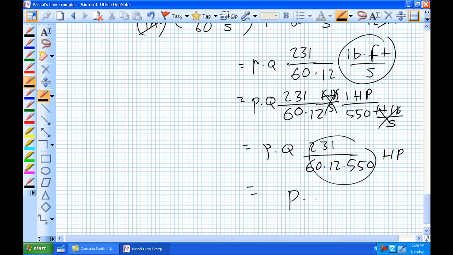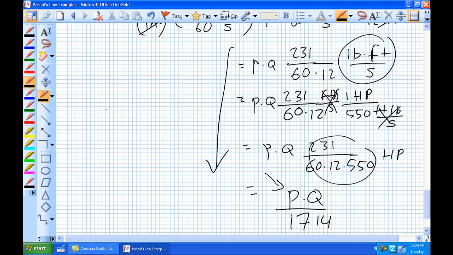What's this number? P times Q over 1714. Okay? So this is a shortcut formula. If you know the units, you don't have to remember 1714. If you use it enough, you're just going to remember it.